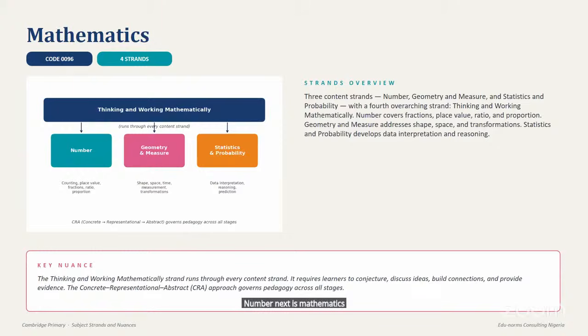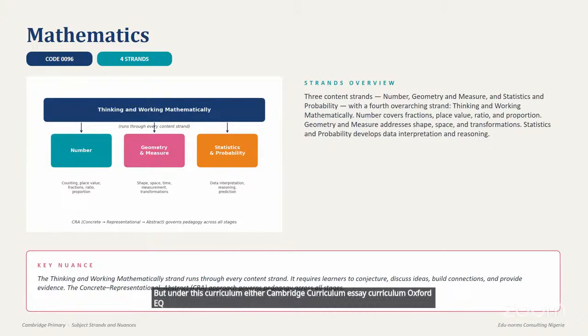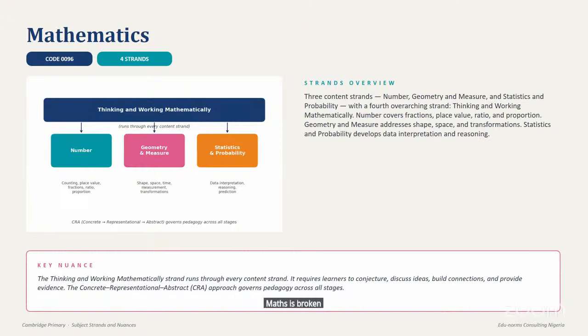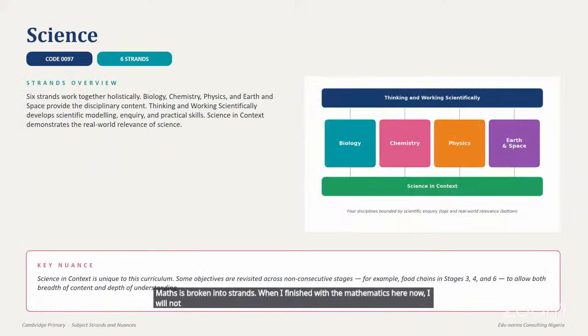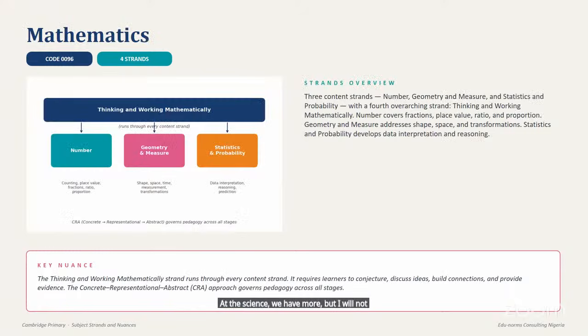In Nigeria, math is maths. But under the British curriculum, either Cambridge, Pearson, Oxford AQA, and so on, maths is broken into strands. When I finish with mathematics, after science, we have more, but I will focus on understanding the nuances of strands and tell us why the strands system is very important.